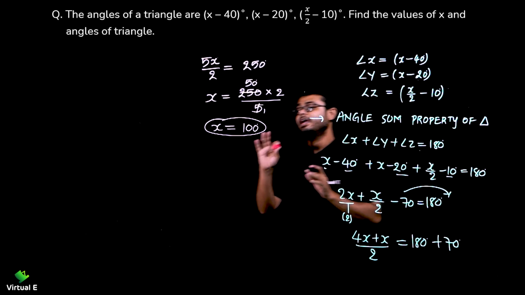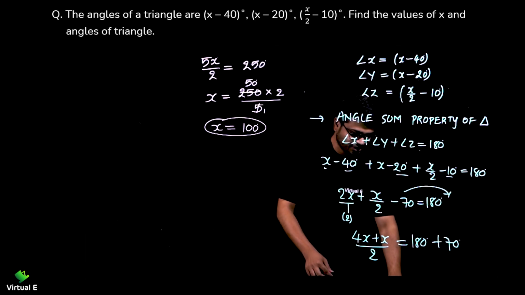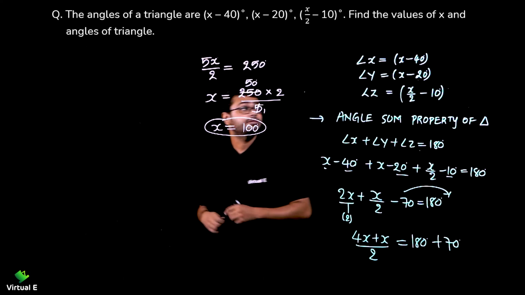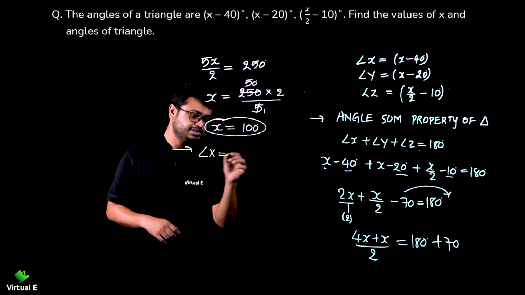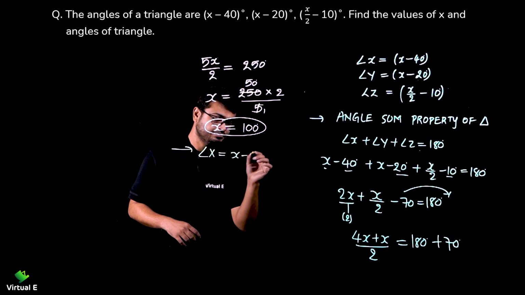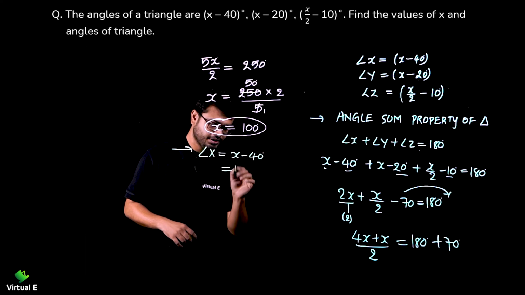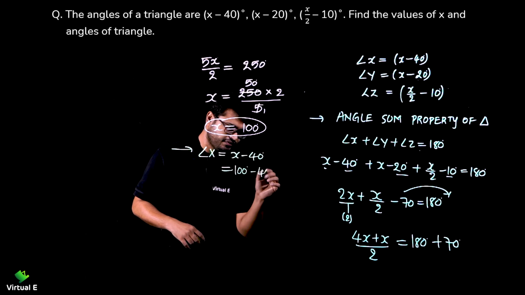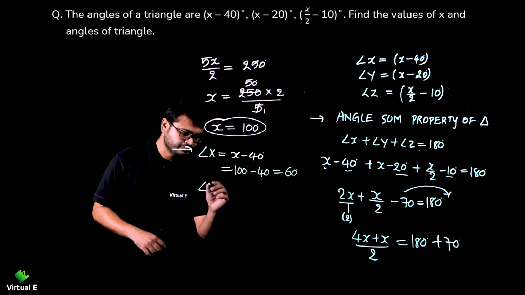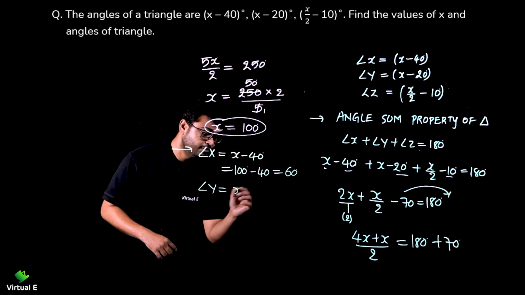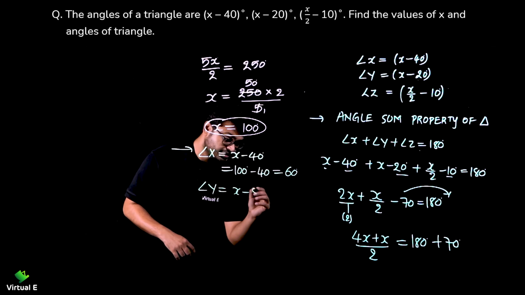So we need to find the angles as well. Not only x is our final answer, we need to move further. So angle x is equal to x minus 40 degree. So here 100 degree minus 40 will be what? 60 degree. So that's the first angle. Angle y is equal to x minus 20 degree.